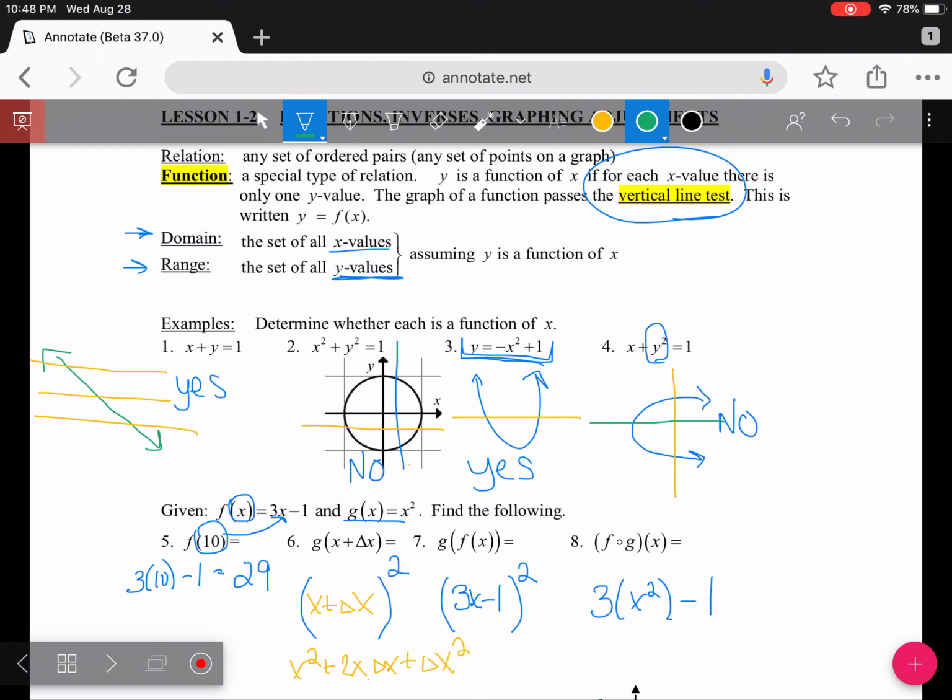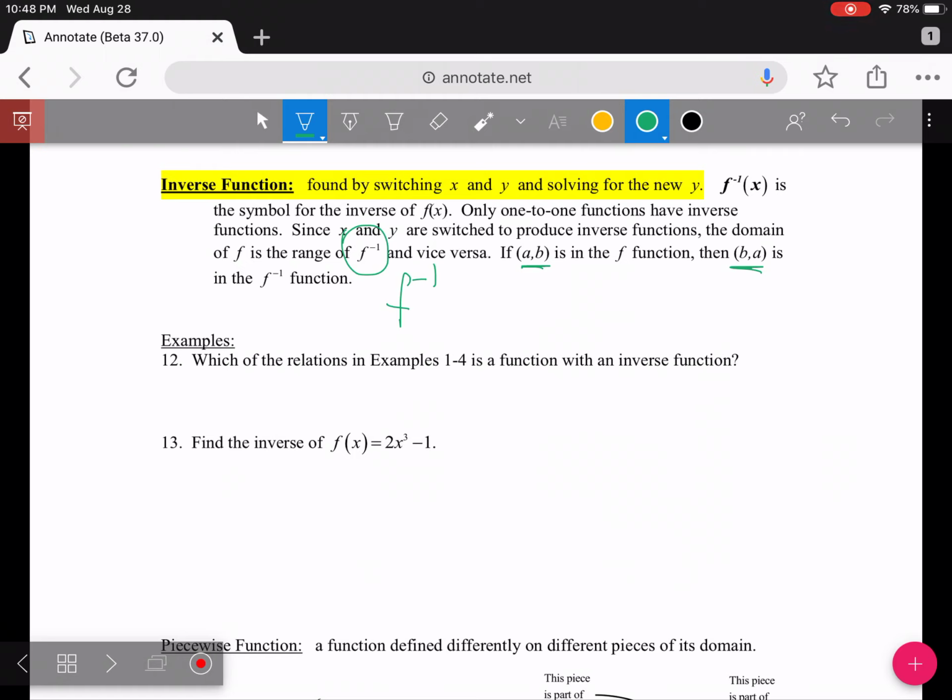If you switch the x and y, it's going to go up and down, and that makes it a function. So 1 is yes, 2 is no, 3 is no, and 4 is yes.